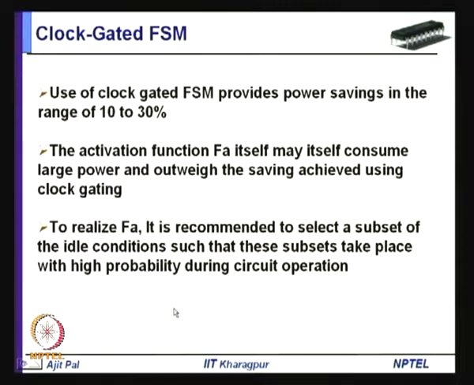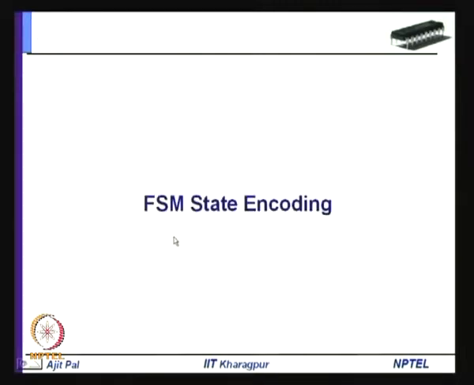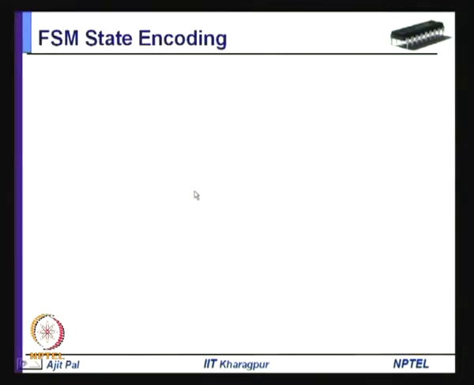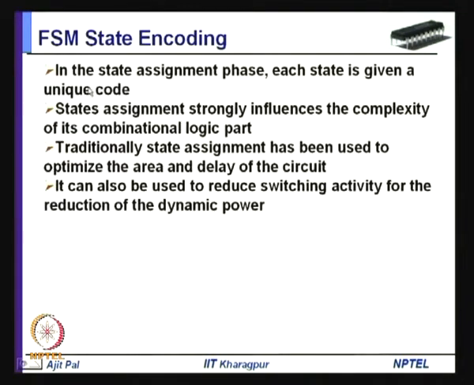Okay. Now, let us consider another example related to finite state machine, that is finite state machine state encoding. I have already discussed finite state machines and why, when and how state encoding is done. As you know, in the state assignment phase, each state is given a unique code, and state assignment strongly influences the complexity of its combinational logic part.